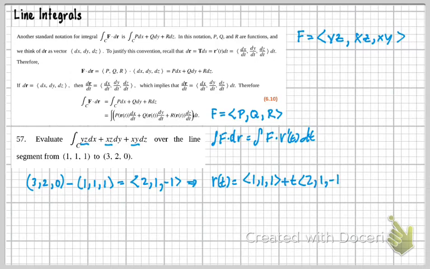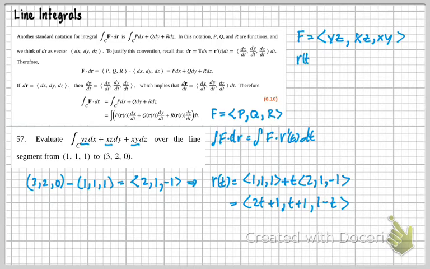Now I'm just going to write this in component form. That's going to be 2t plus 1, comma, t plus 1, comma, 1 minus t. So there's the form we're used to. I'm going to write that above.